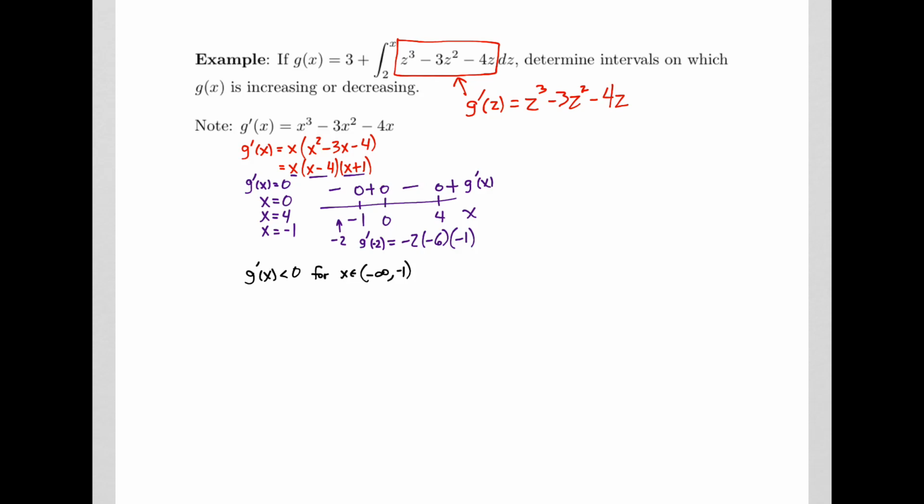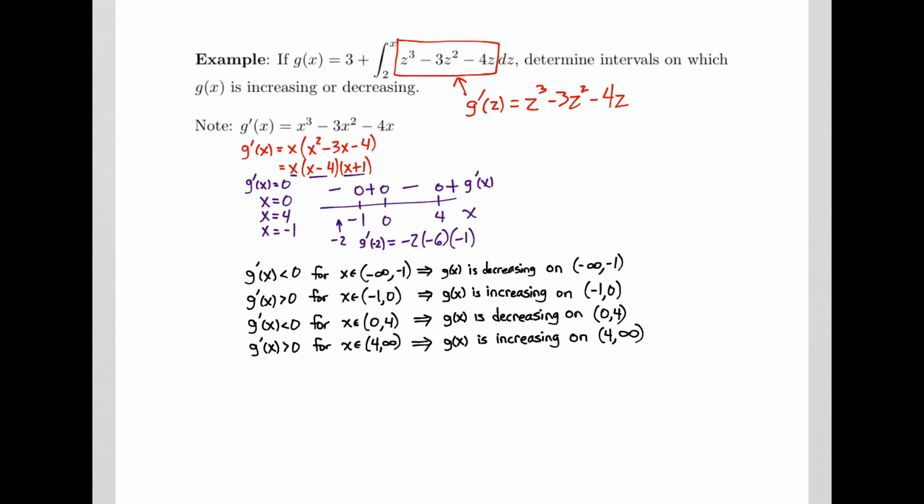And our interpretation: whenever the rate is negative, my function is decreasing. I'll be decreasing on that same interval. And I'll do a similar sign analysis for the other 3 intervals. And let me write that down, and you'll see the result.